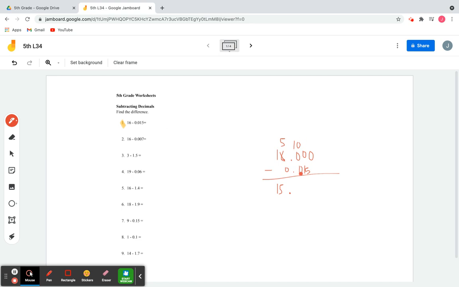So 10 minus 0 is 10, but then I have to make it 9 again and then give 1 here, because we have to subtract 1 from 0 and we can't just do that. So 9 minus 0 is 9. And then I make it 9 again, because we have the same case for this one.